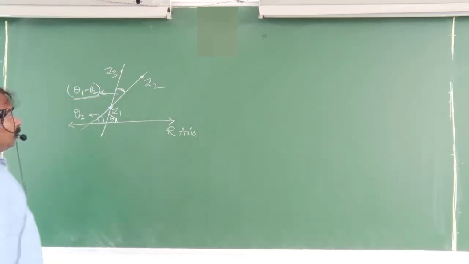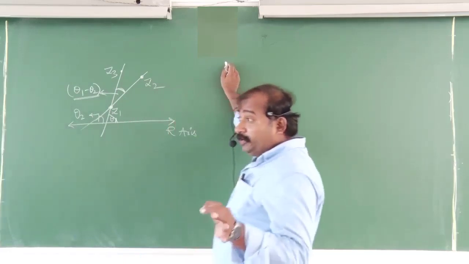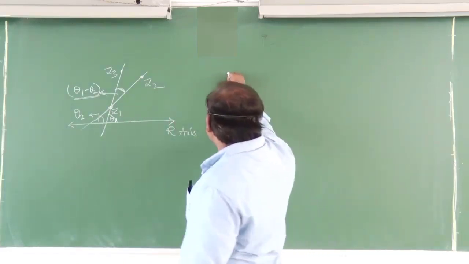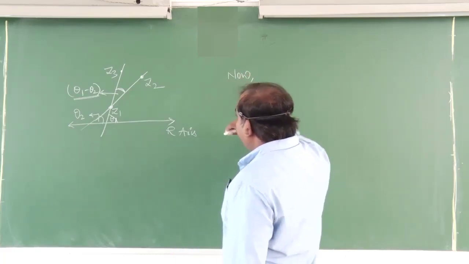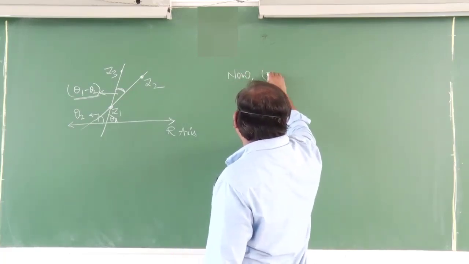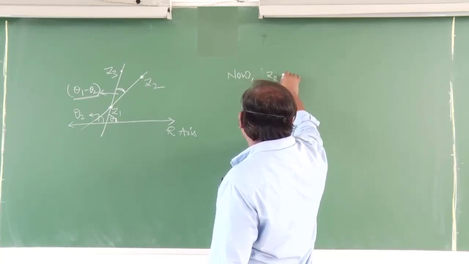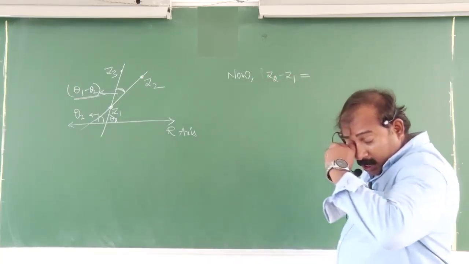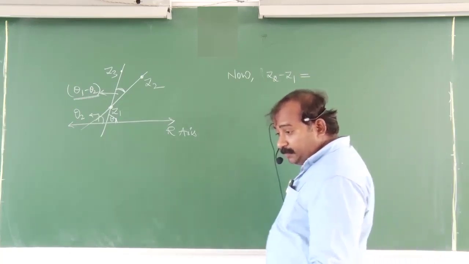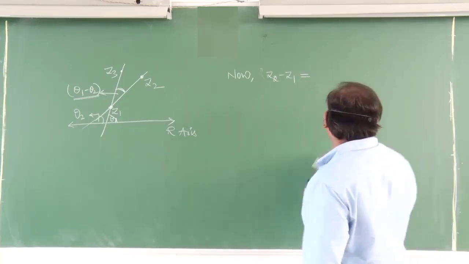Now, listen all of you. Very, very important. Listen carefully. Now, Z2 minus Z1 equals... in general, how can you represent a complex number in polar form?